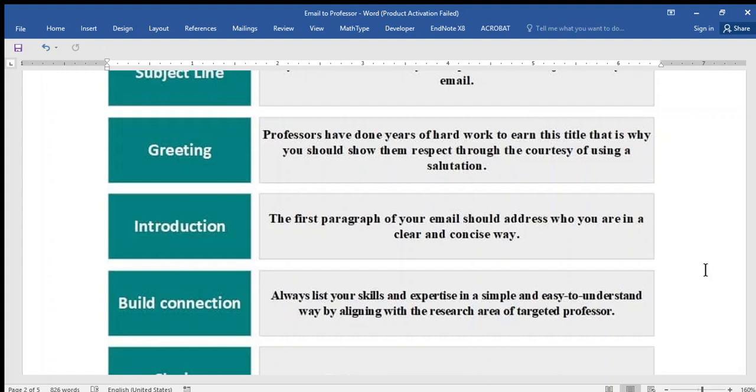This second paragraph is again the most important, because it builds the connection between your degree program and the professor's research area or research project available in that lab.